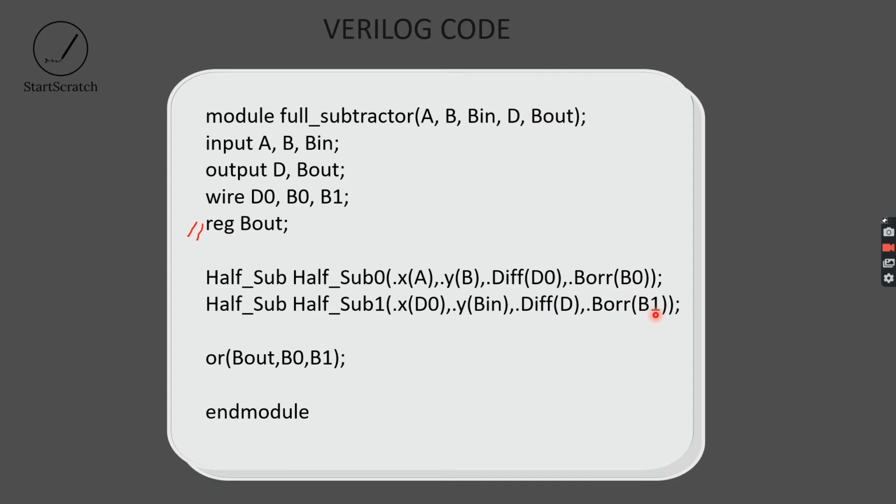And the borrow B1, these two borrows will be given to the OR gate as inputs, and we will get B out as the answer. And here I ended the module.